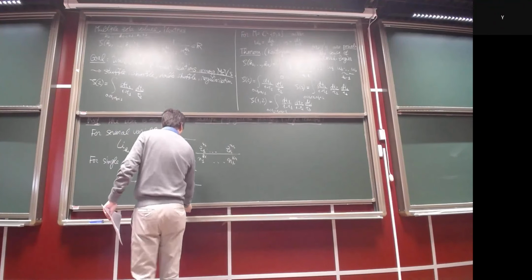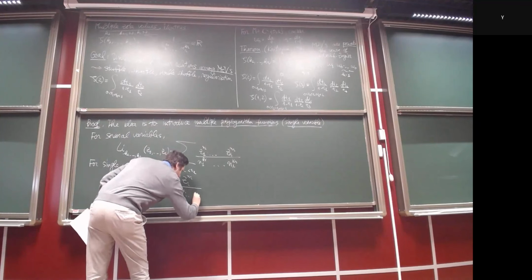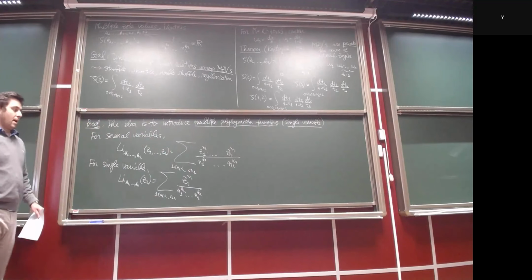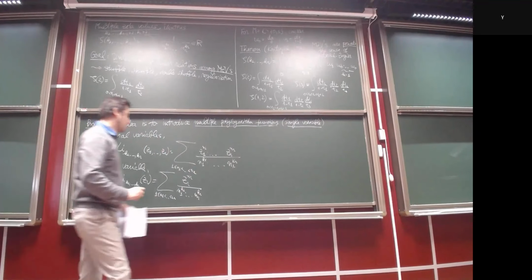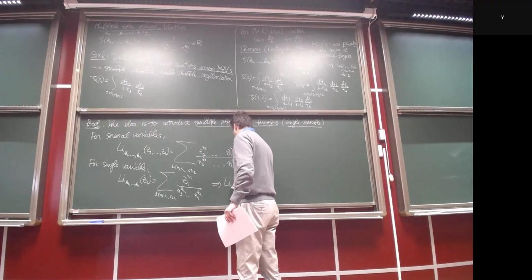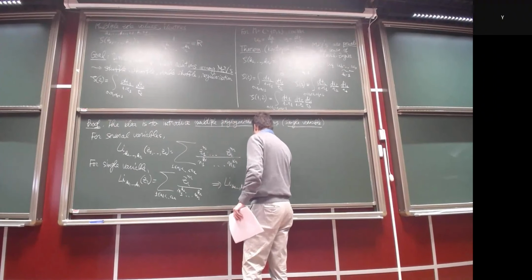And so this is n1 to k1 and nr to kr. Well, it's quite clear that, obviously, if we evaluate at 1, we obtain multiple zeta values.